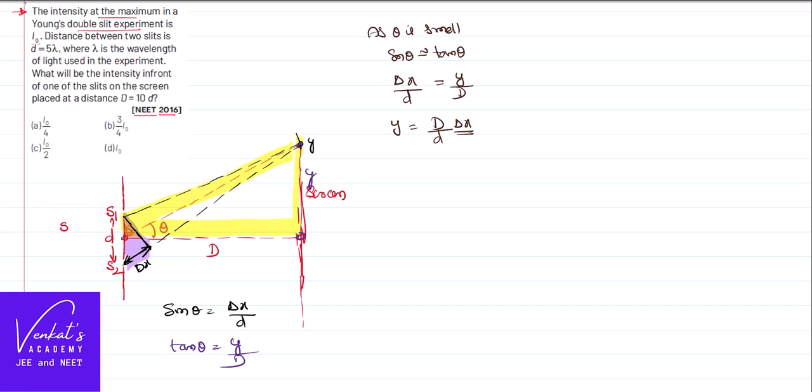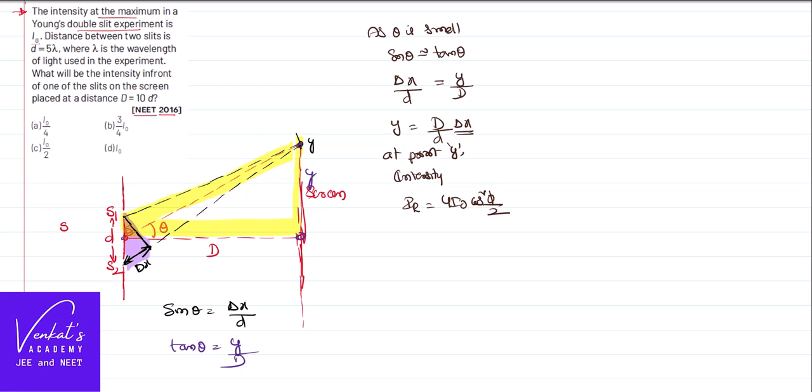Now at this point, at point y, the resultant intensity of two identical coherent sources can be written, in general, as 4 I naught cos square phi by 2, where phi is the phase difference.